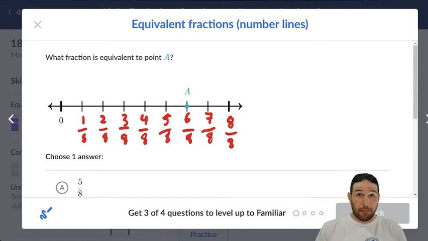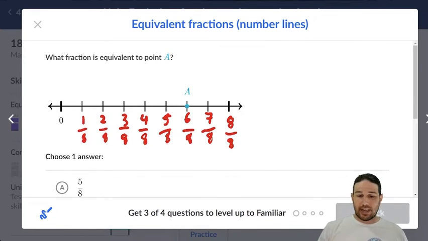Essentially, using fractions, we can take the distance between 0 and 1 and cut it into equal pieces, just like we did with the solids, though in this case, it's a little bit more abstract. And in this case, we see that A is on 6 out of 8, 6/8.